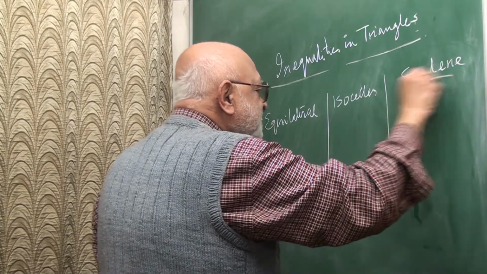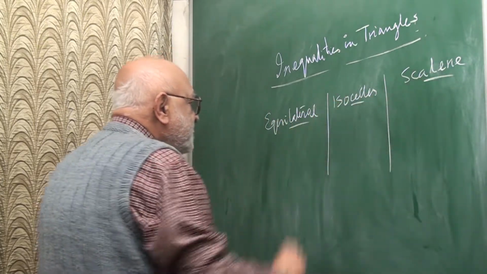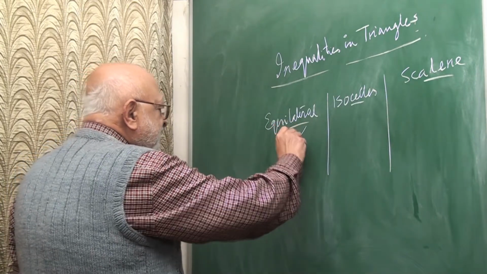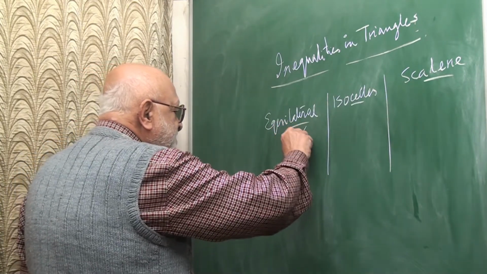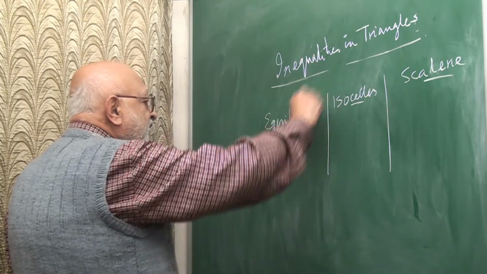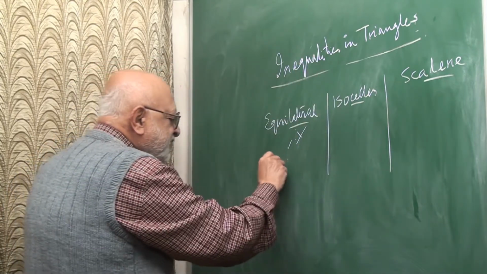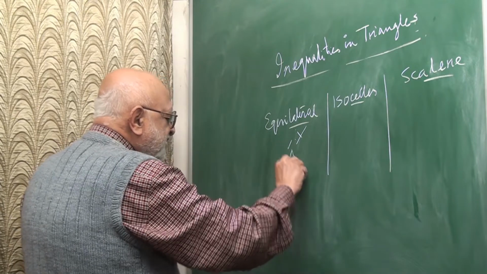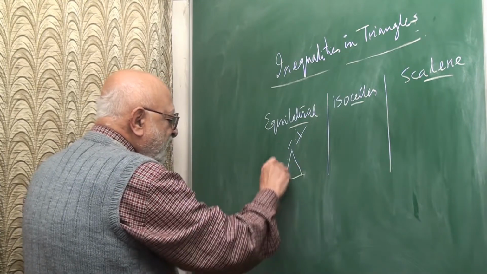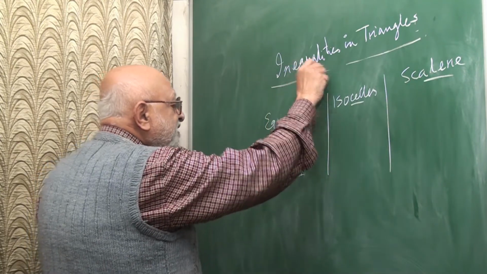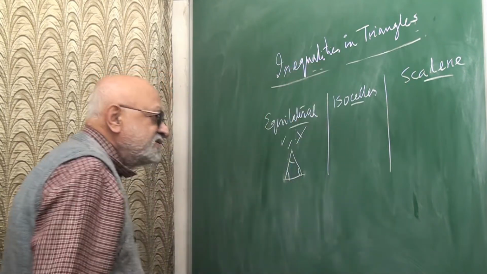These are the three types of triangles. We will not find any inequalities in equilateral triangles. There will be no inequalities because all sides are the same. All sides are equal, and not only that, all angles are equal. So you will not find any inequalities in equilateral triangles.